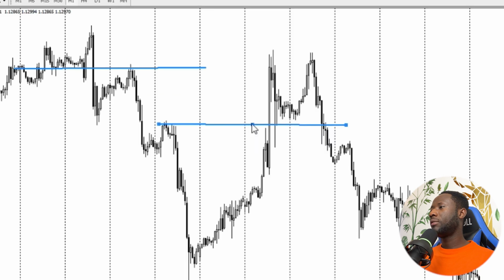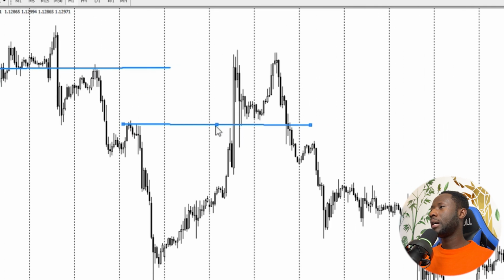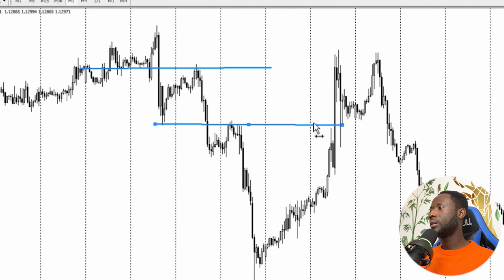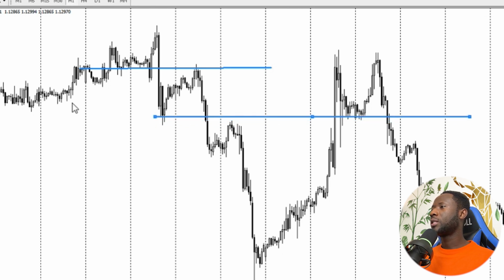I would have moved it a little bit up here for it to touch this one, and I would extend it a little bit. Good. Okay, put it on the body, because that's what you do with your resistance and support line.